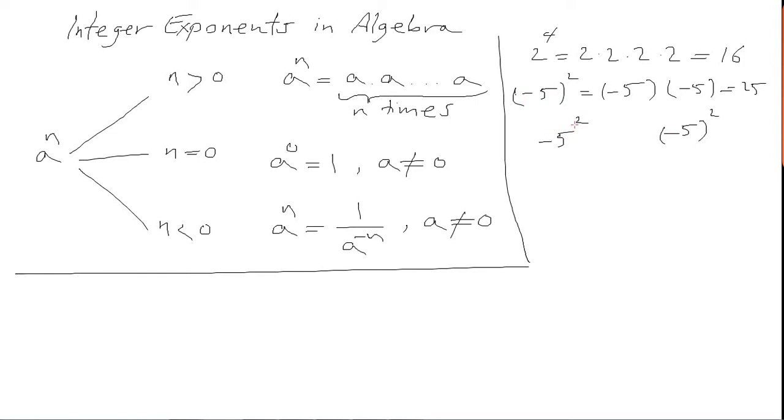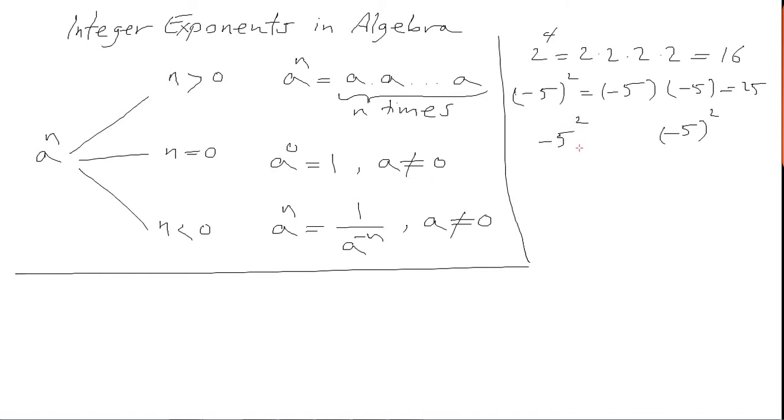The difference is that since raising to power has precedence, it has priority over multiplication, if you do minus 5 to the power of 2 and there is no brace, first this 5 is raised to the power of 2 and then the result is multiplied by negative.